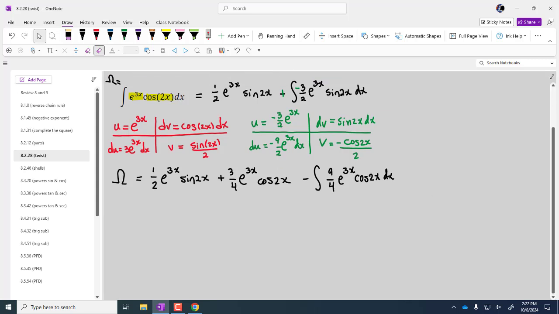So remember that integration by parts formula: we have uv minus the integral of v du. So uv is positive, minus the integral of v du, and v du is positive because there are two minuses on the bottom row.